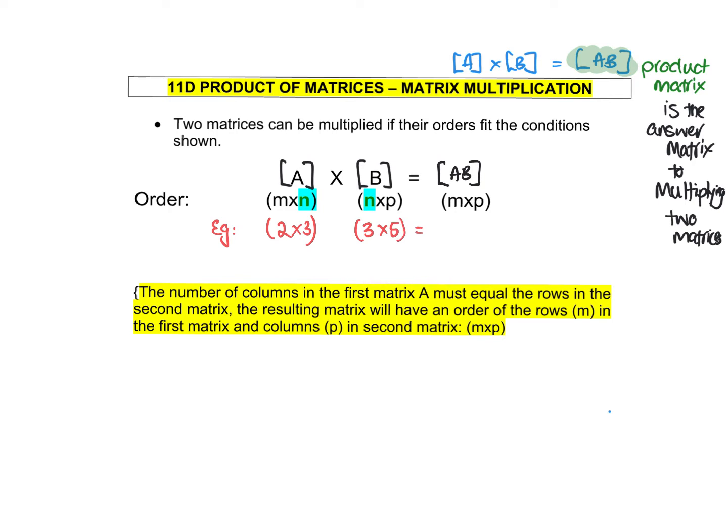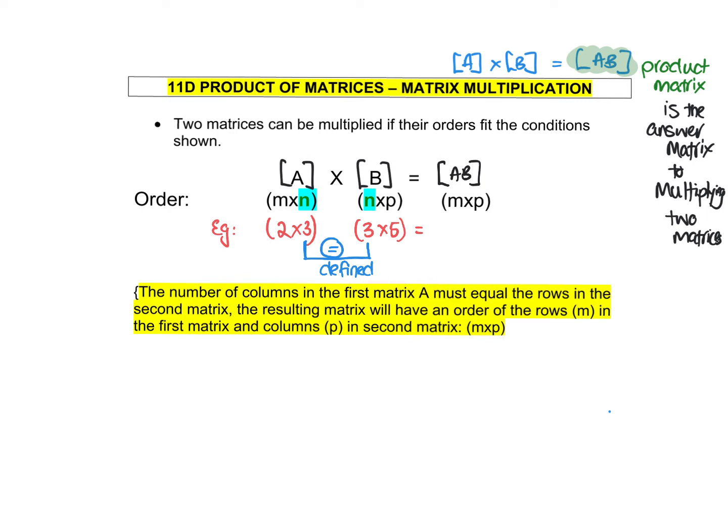To be able to multiply two matrices together, the number of columns in the first matrix has to equal the number of rows in the second matrix. So they have to be equal for it to be defined.